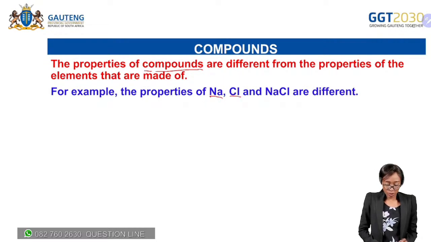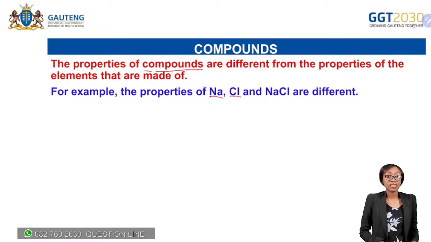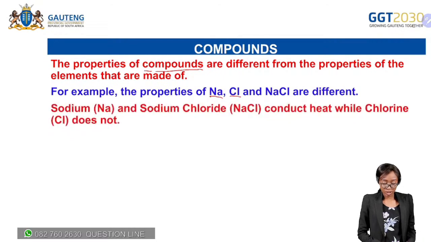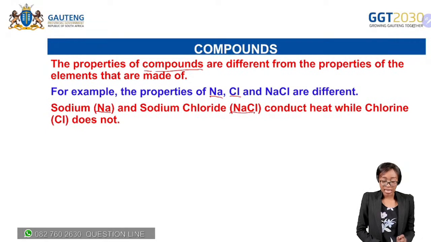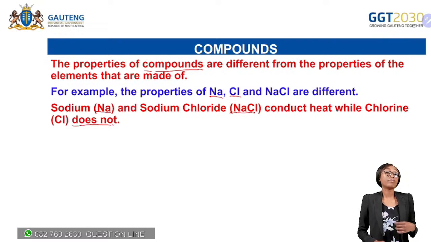Sodium on its own has its own properties that are different from the properties of chlorine. And the properties of these 2 elements are also different from the properties of sodium chloride. For example, sodium and sodium chloride can conduct heat, whereas chlorine does not. You see what I mean by different properties.